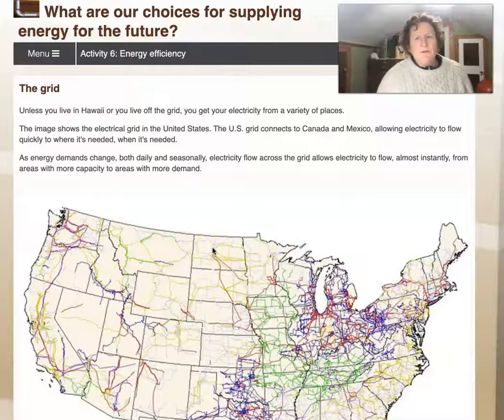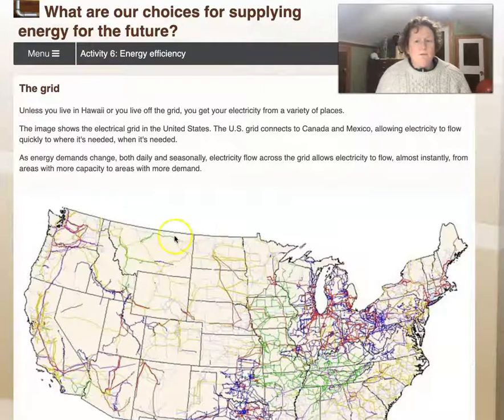So if for some reason an electricity generating plant here in St. Paul goes down, we can get electricity from other places. They'll share with us until we can get our plant back up. And so there's no disruption in the electrical grid.